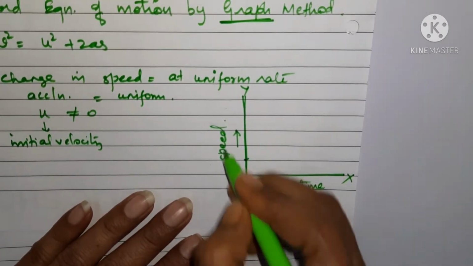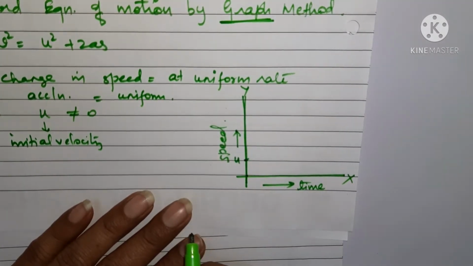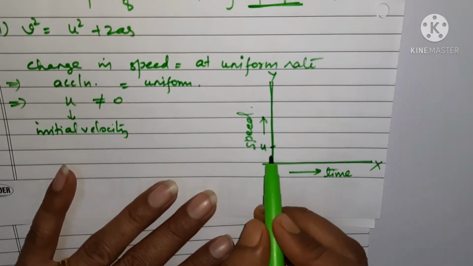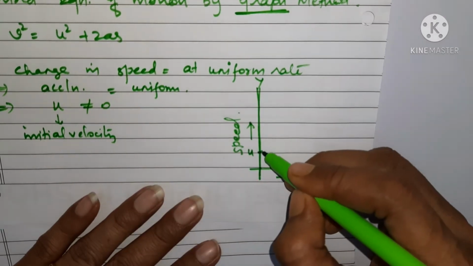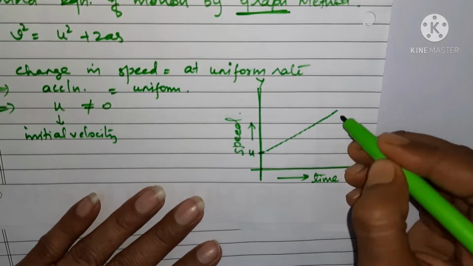If we take the initial speed of the moving body as u, the uniform acceleration gives you a straight line graph. So let us assume that the motion is somehow like this.